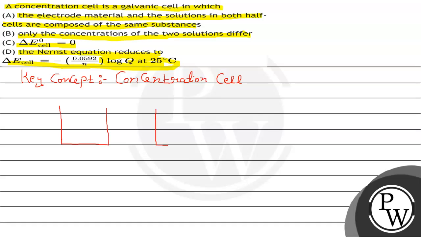Here we have another half cell. This is our anode. This is our cathode. Both are connected to each other. Then here we have a salt bridge to maintain electrical neutrality. And these are the electrolytic solutions.